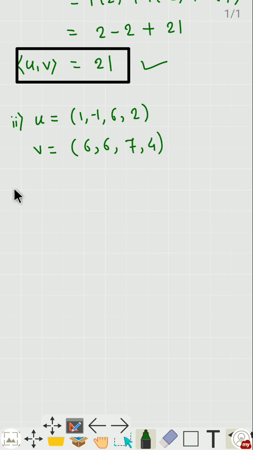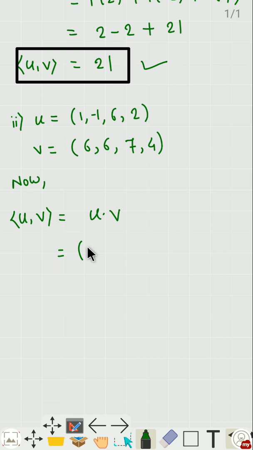Okay, so now we take the inner product of vector u with vector v, and it is equal to u dot v, as Euclidean space is given. The inner product of two vectors is nothing but the dot product of these two vectors.